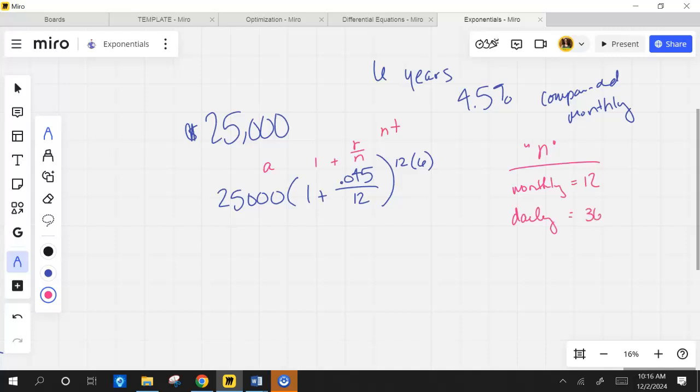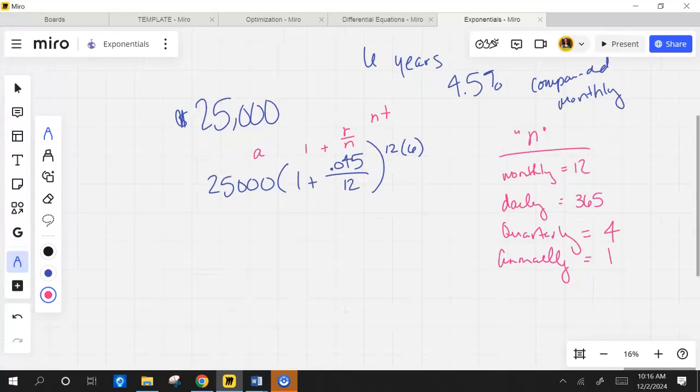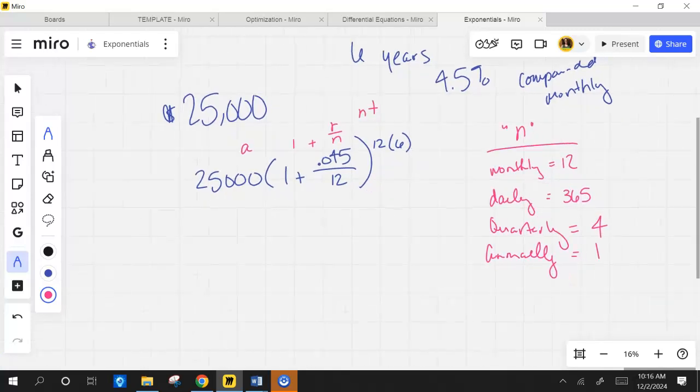Daily, 365. Quarterly, 4. Annually, 1. What else do we have? Weekly.